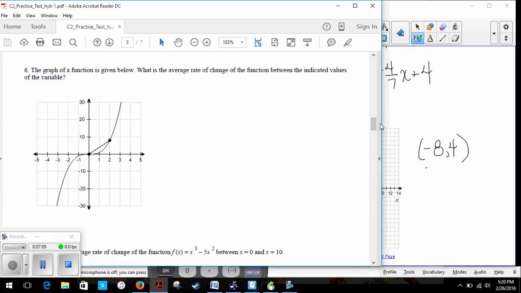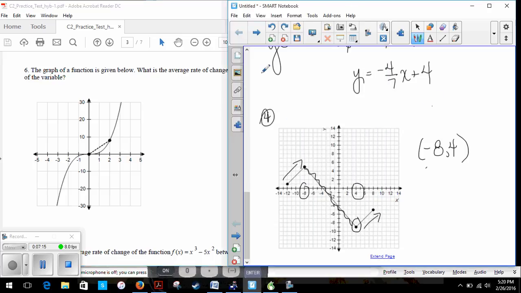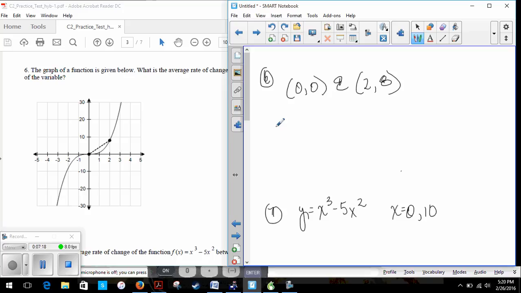What is the average rate of change between these two values? I have a point at (0, 0) and a point at (2, 8), which I'm going to estimate. And so rate of change is the change in my y values over the change in my x values. We usually use an m for slope.